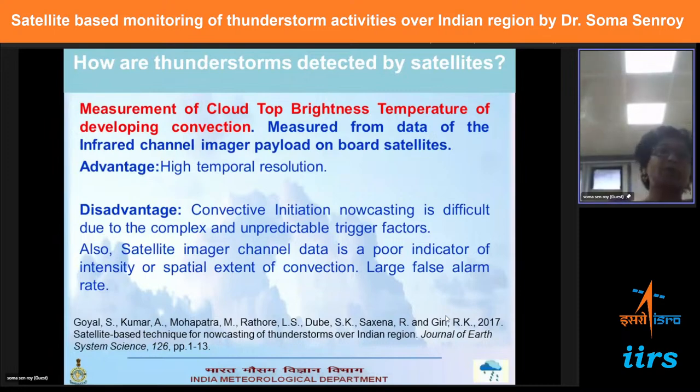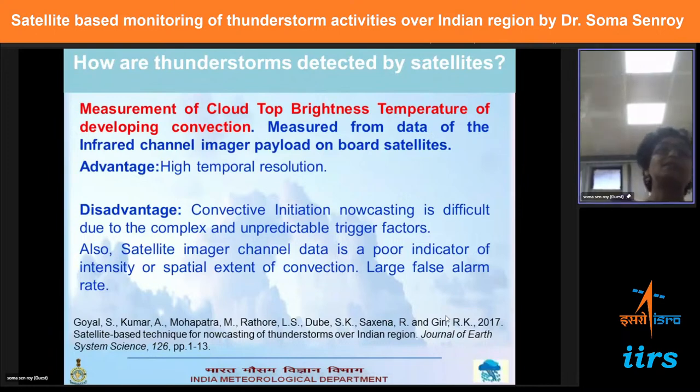But there are problems. The benefit is its high temporal resolution, geostationary satellites. These geostationary satellites have a 30-minute, or if you have INSAT 3D and 3DR, then you have a 15-minute interval sampling of the Indian region.